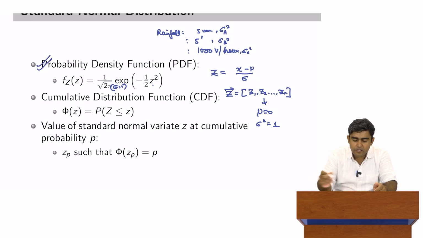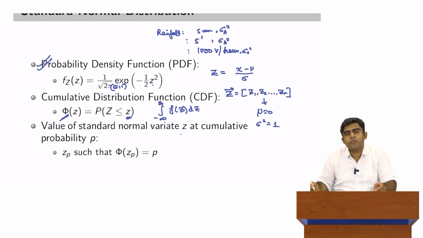Since this is still a PDF, the definition of CDF would apply, where we will say that the CDF of this is by definition the probability of z less than or equal to a certain value, or minus infinity to a particular point of interest, and instead of fx we will integrate fz dz, and we will call this our cumulative distribution function.